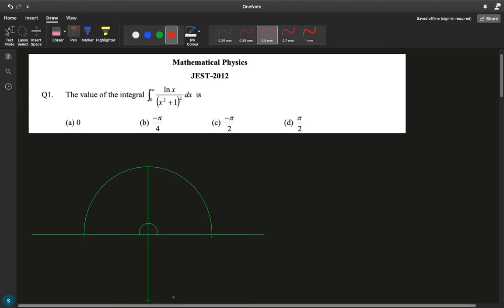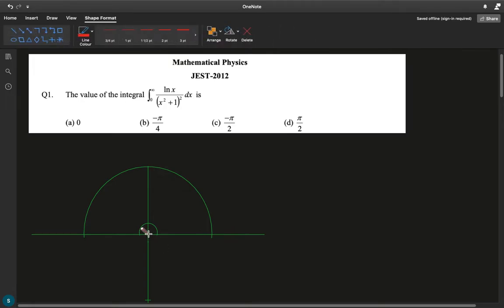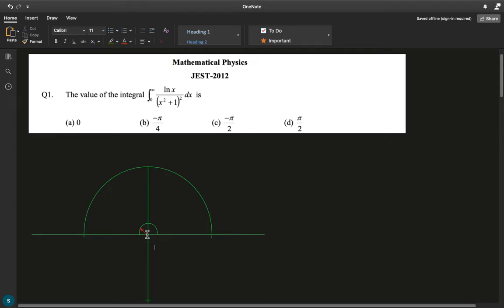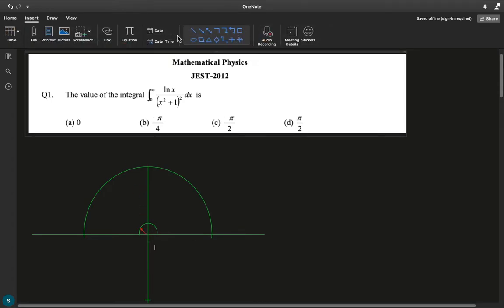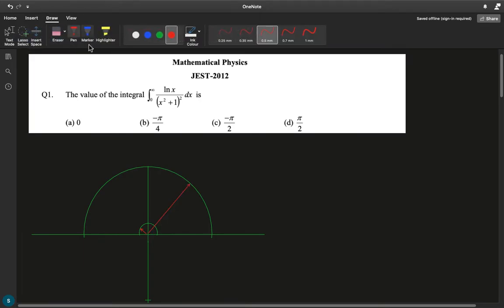We take a smaller radius here, and another radius from here to here, and this radius is capital R.